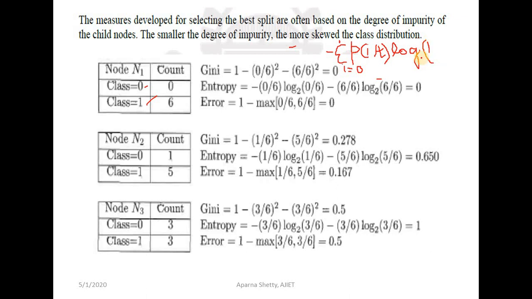P of log to the base 2, P of I given T. This is the formula. For the first term over here it is minus I value is 0, 0 out of 6.